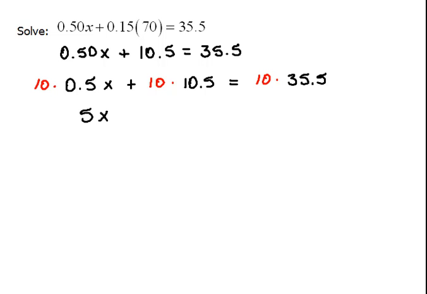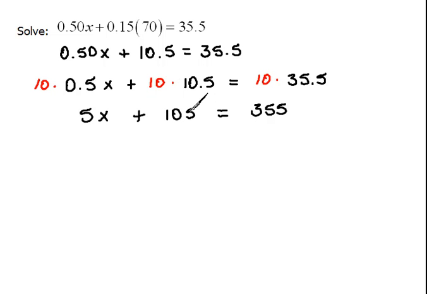So 10 times 0.5x is 5x, and then 10 times 10.5 would be 105, and then 10 times 35.5 would be 355. It's just a matter of moving the decimal over. Now we don't have decimals, we can just work with our whole numbers.